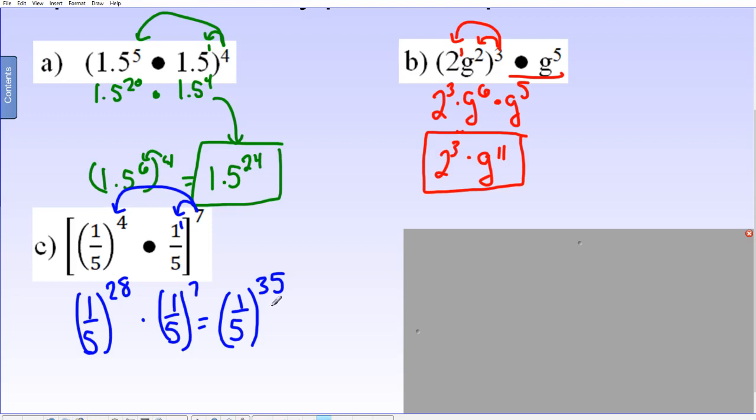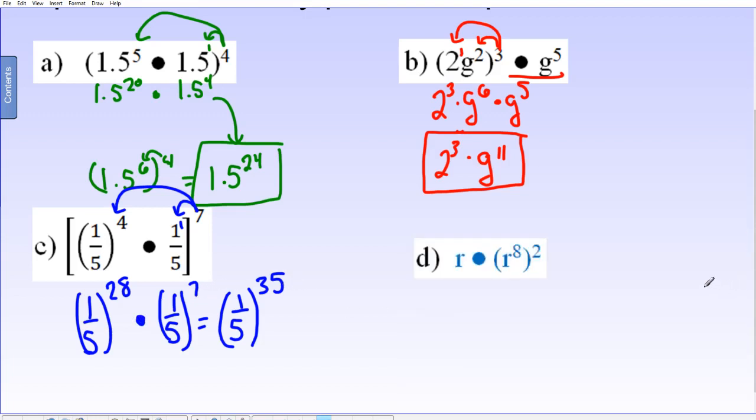And there we have it. I used my outside exponent and distributed it to the inside exponents. I then combined my like terms, my two powers that had the same base. I added their exponents together, and I was done.